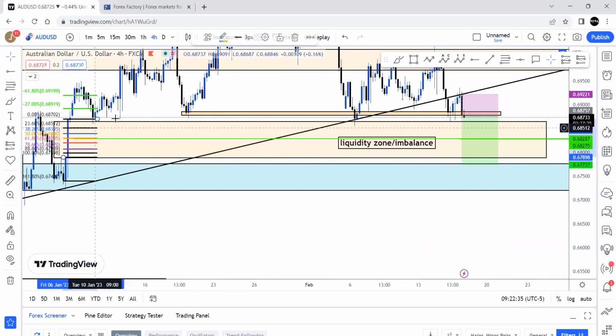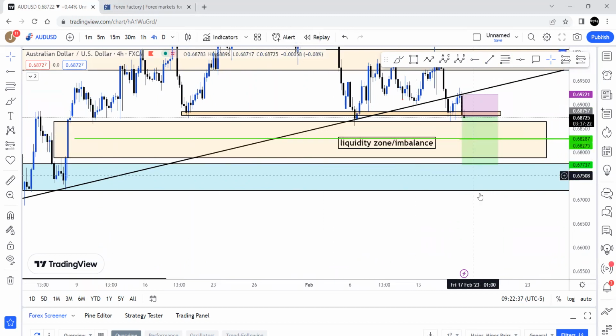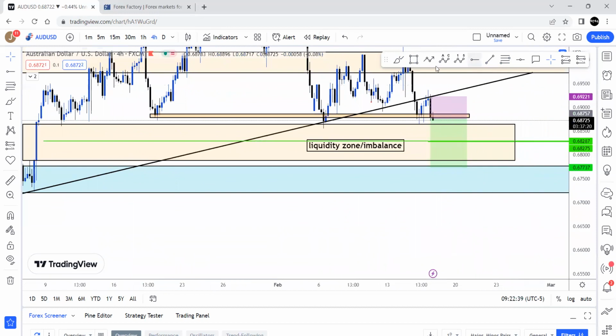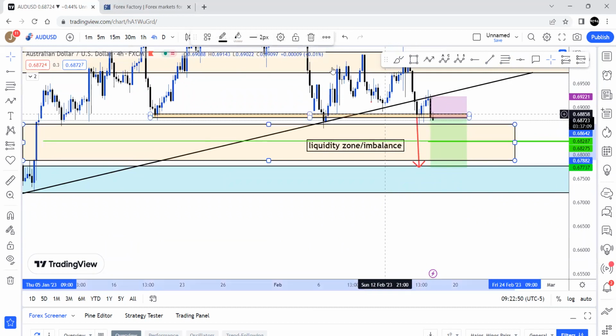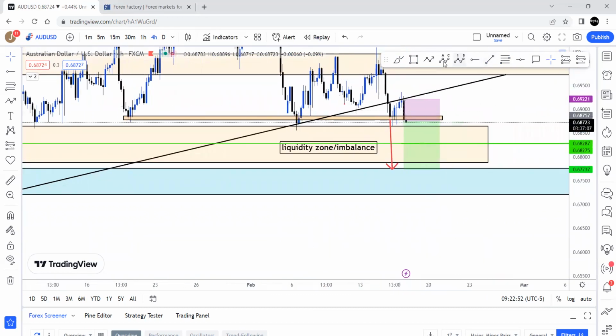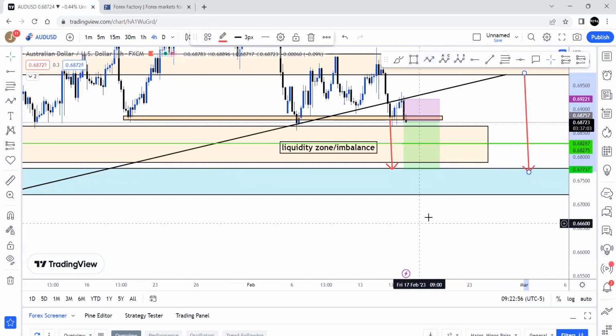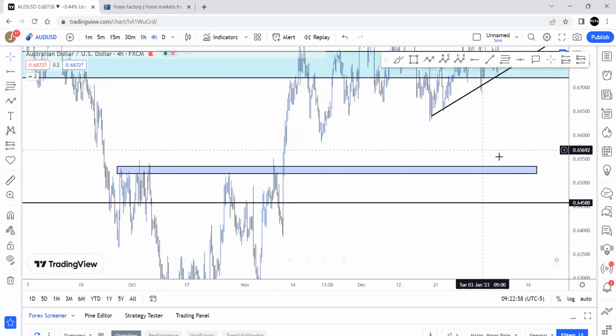Even though price could hit that 50% in reverse, based on my trading style and what I've been teaching, we also trade from supply and demand to supply and demand. So we started from this supply and demand up here to supply and demand here, and we can see that happen over and over.